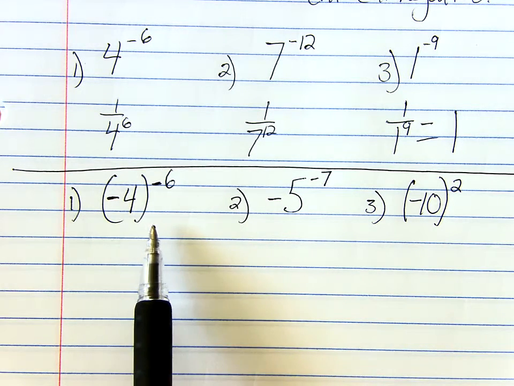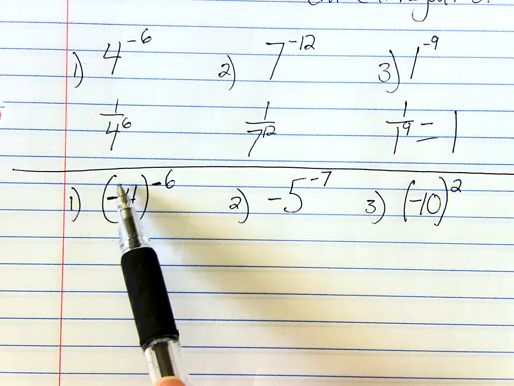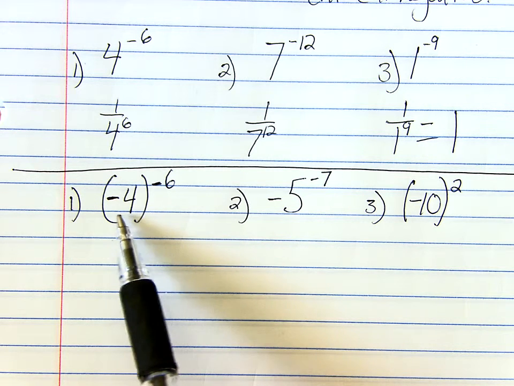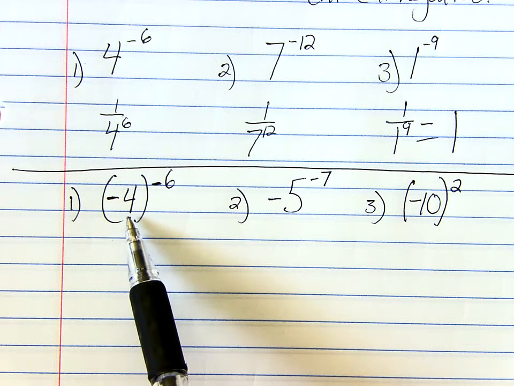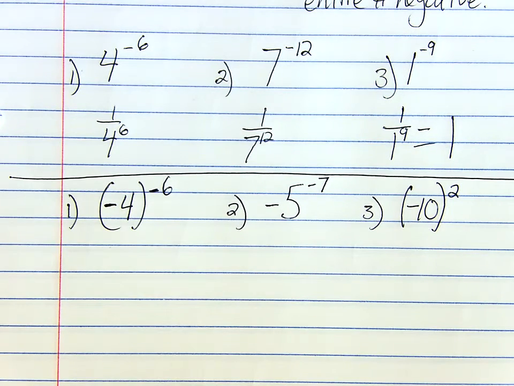So, the first one. Here we have a negative number being raised to a negative exponent. Is there anything to do inside the parenthesis? No, it's just a -4. So I want to raise a -4 to a -6 power. If it was 4 to the -6, you guys all know what to do. We just did that up here.